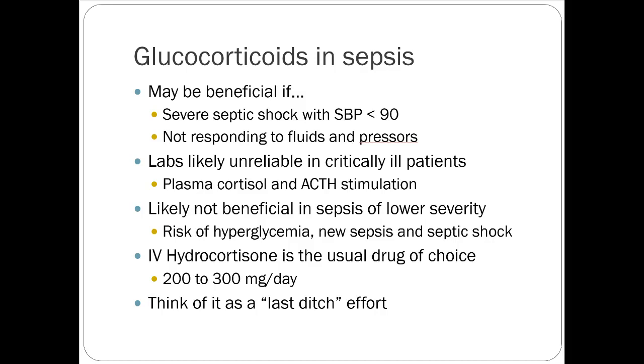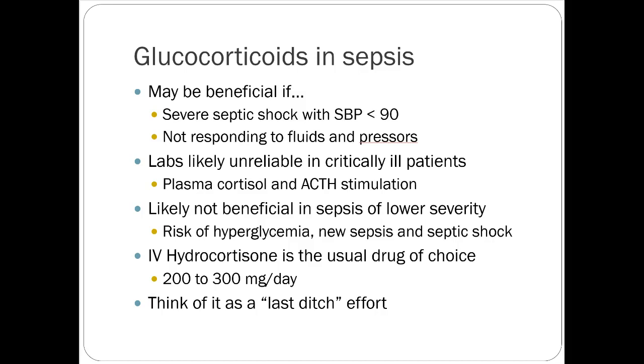This is controversial, so it's not something that's absolute, not something you're always going to do. But for patients who have severe septic shock with systolic blood pressure below 90 that aren't responding very well to fluids and pressors, you'd end up considering a glucocorticoid.